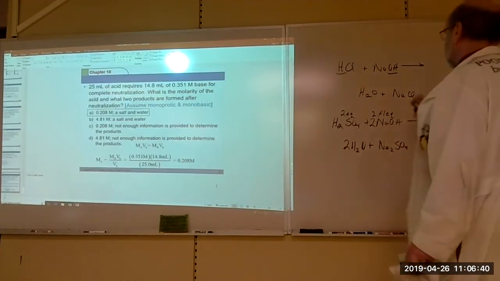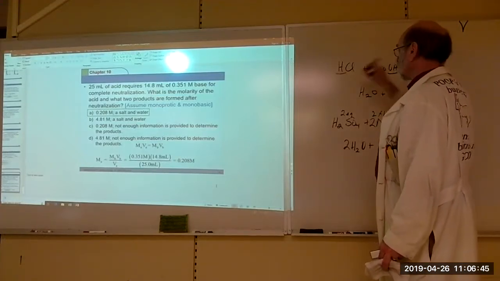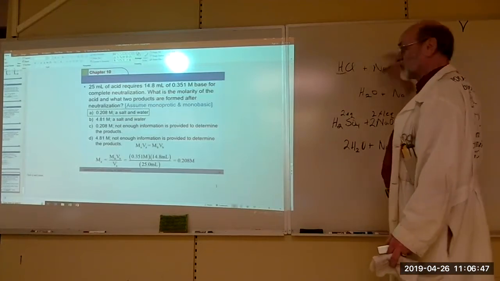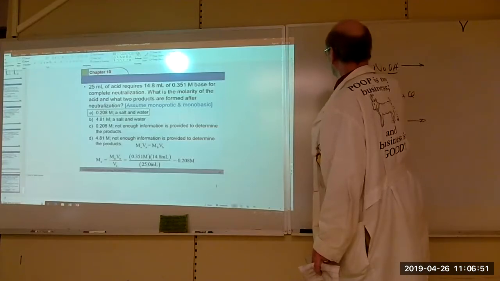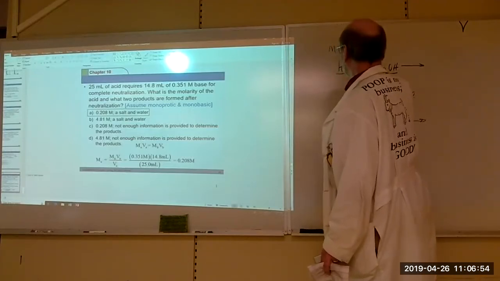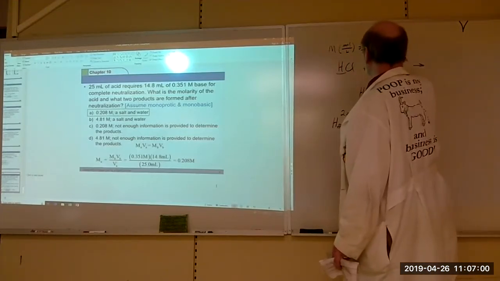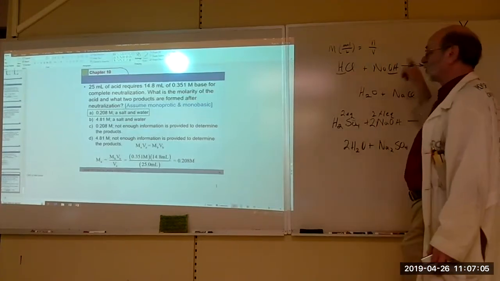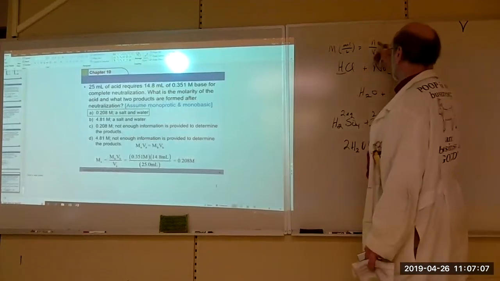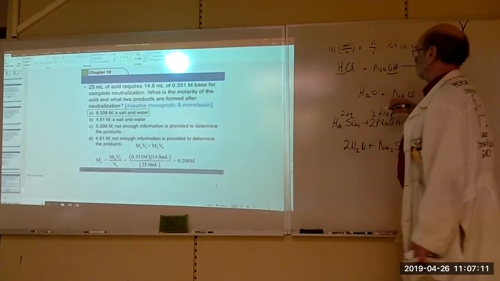Okay. At the equivalence point, the moles of acid equals the moles of base. That's a stoichiometric problem. So if you have a molar concentration, which is what? Moles per liter, is equal to moles divided by volume, right? And if you want moles of one to equal moles of the other, solve for moles. n equals molarity times volume, right?